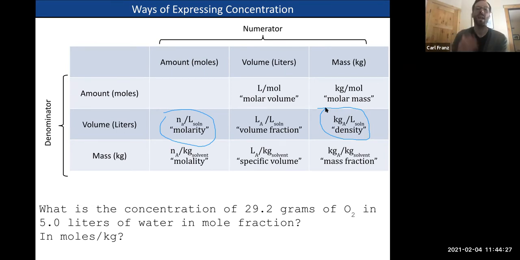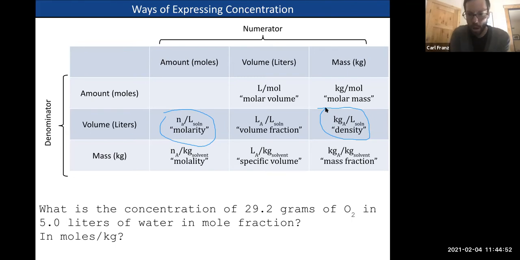So if we said, what is the concentration of 29.2 grams of O2 in 5.0 liters of water in mole fraction? Remember, what's mole fraction? The moles of the solute, so the O2, over the total amount of solute and solvent.